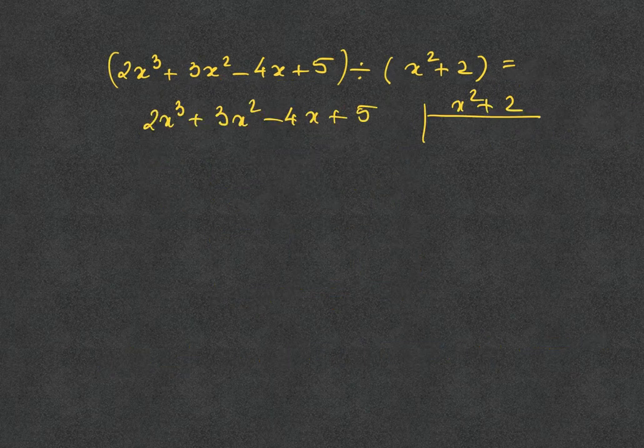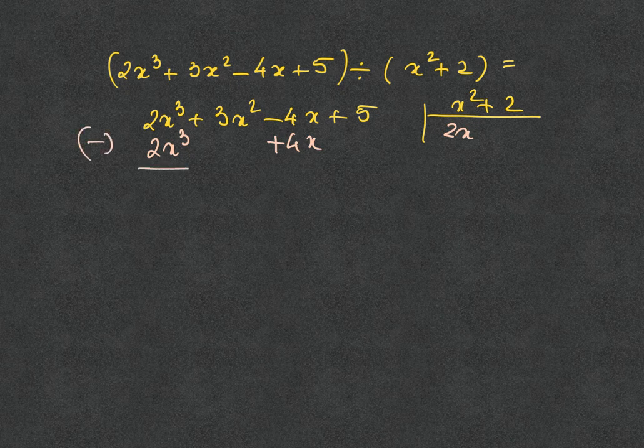Okay, so here we go. 2x cubed divided by x squared gives me 2x. So 2x. Now I multiply 2x by x squared plus 2, and I get 2x cubed plus 4x. But as you see, the 4x, I think it is much better if I write it here.